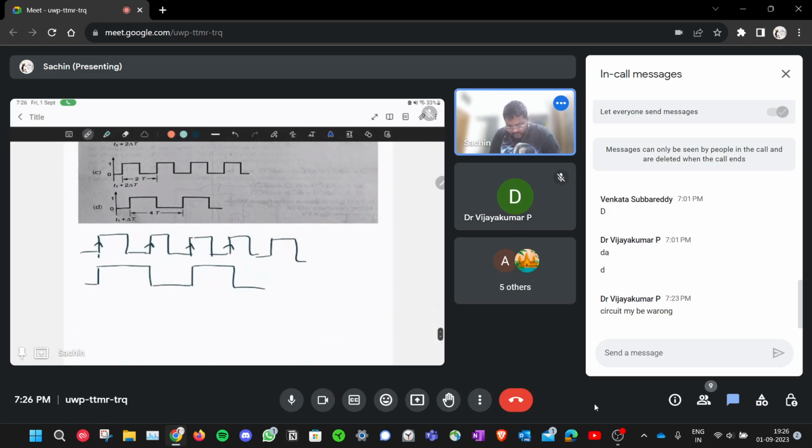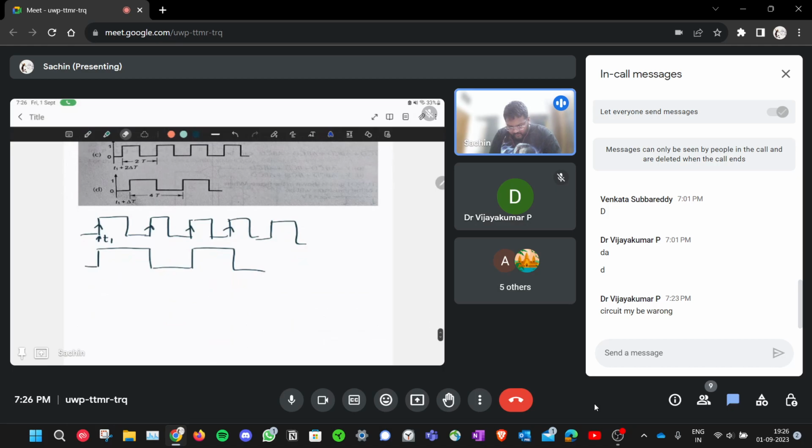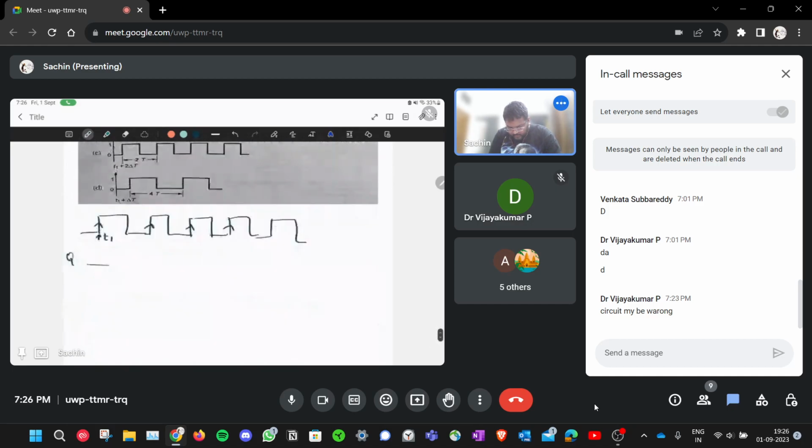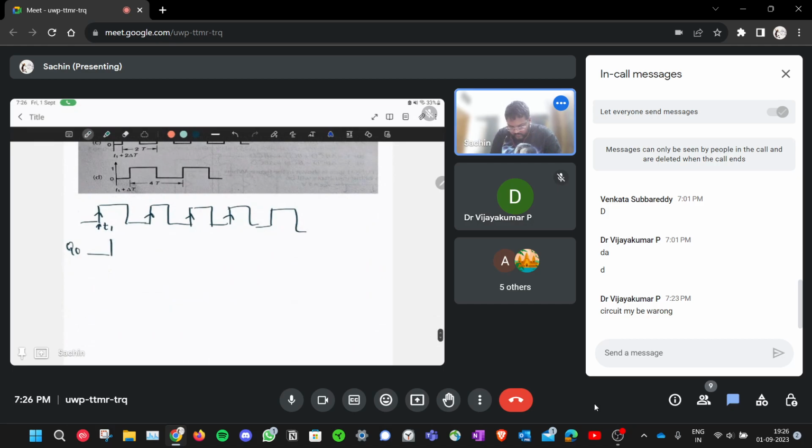So this is t1. There's a delay of delta t in this change. So it won't exactly change at that time. What you'll actually get for Q0 is something like this, and here there's a delay of delta t. Now this is the clock for the second flip-flop, and that flip-flop also has a delay.